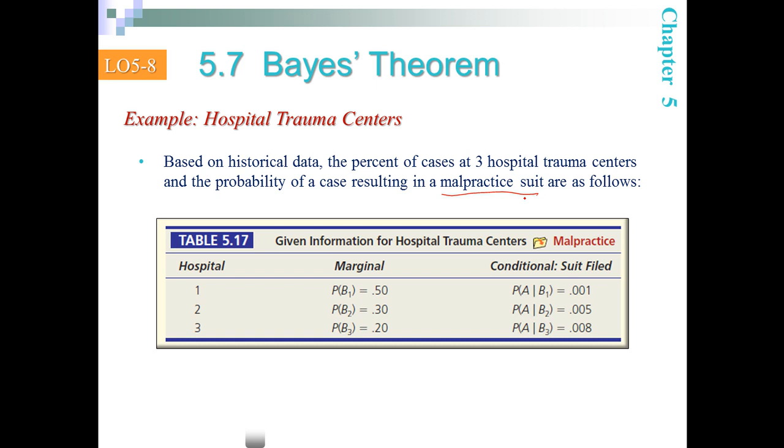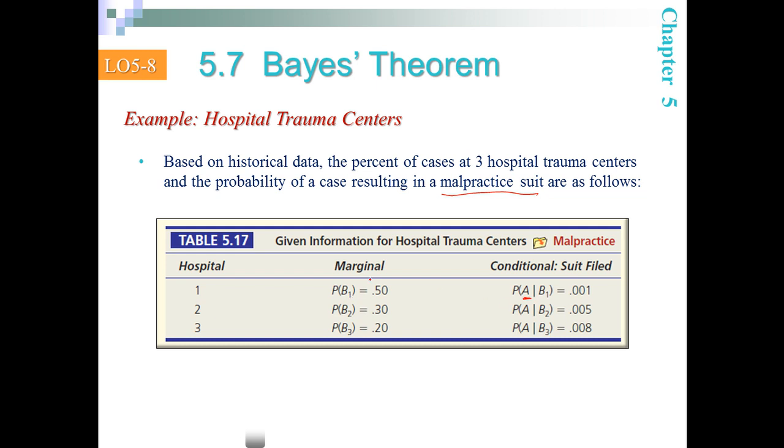We're going to say that B is the hospital. B1 would be the event that a patient is taken to or is operated on or sees a doctor in hospital 1, and B2 is hospital 2, and B3 is hospital 3. Then we're going to say A is the event of a malpractice lawsuit being filed.